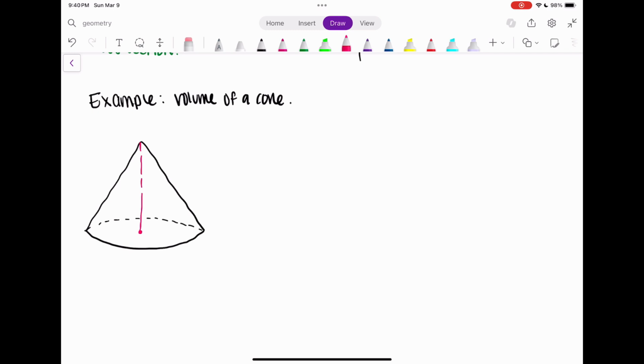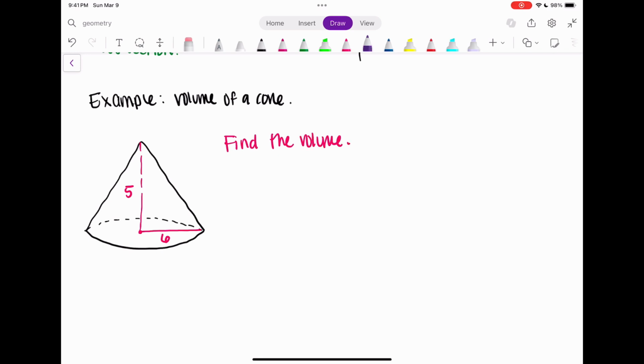The height is actually going to be 5, and then the radius is going to be 6. Okay, so the question is to find the volume.